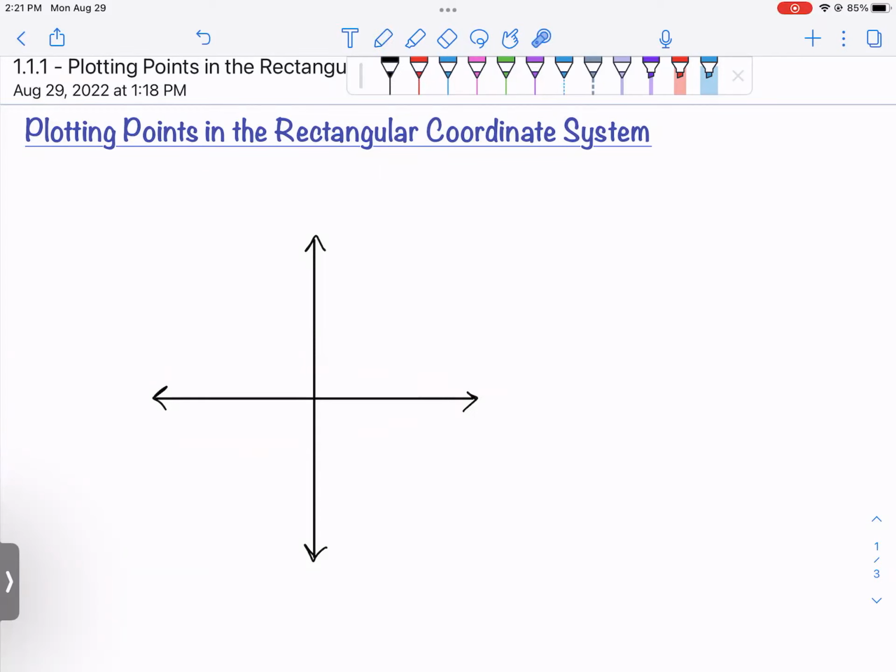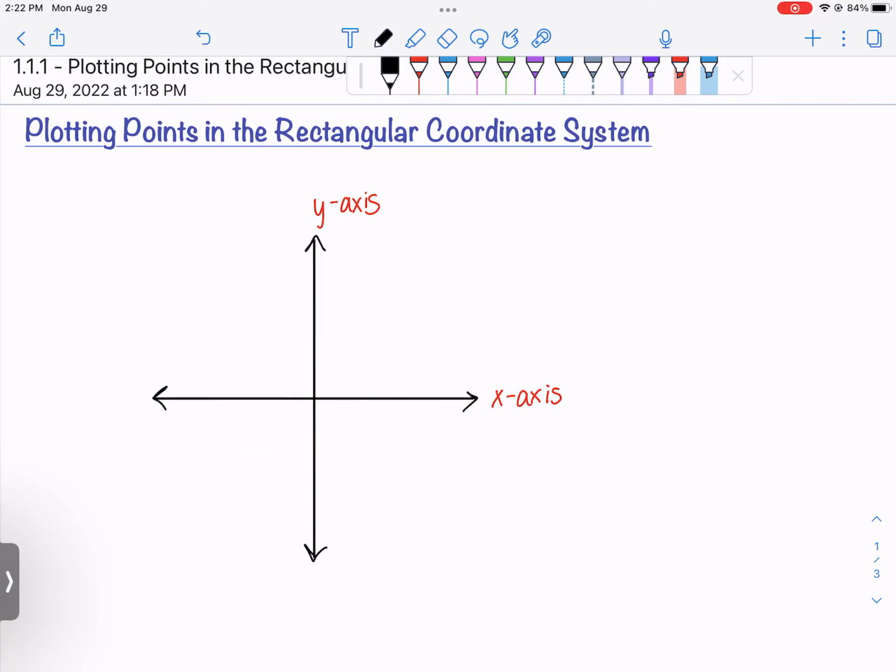The horizontal axis is known as the x-axis, and the vertical axis is known as the y-axis. In the forward direction on the x-axis, so to the right, the numbers get bigger.